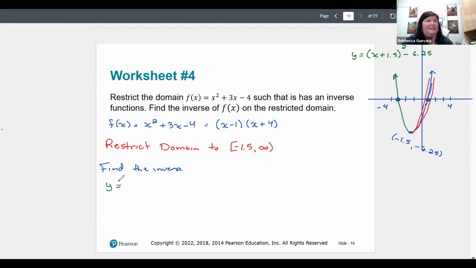So another way we can look at this is that x squared plus 3x minus 4 is the same as saying x plus 1.5 squared minus 6.25. This is what we're going to call vertex form, which we're going to be getting into very soon, so just a little preview of that. So I can instead write y is equal to x plus 1.5 squared minus 6.25.